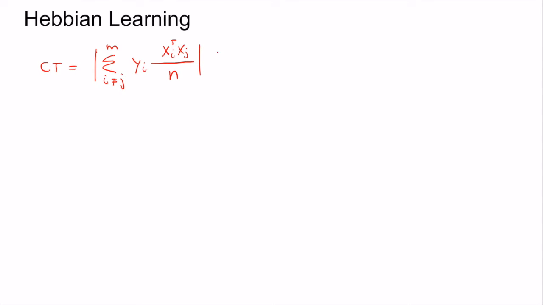And this should be lower than the absolute value of yj. Because this is a bipolar vector, the absolute value of yj will be a vector of ones. So each of the elements in this vector summation should be lower than 1 for the network to be able to retrieve the memories that were saved.